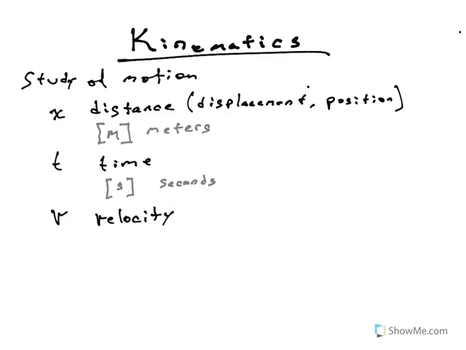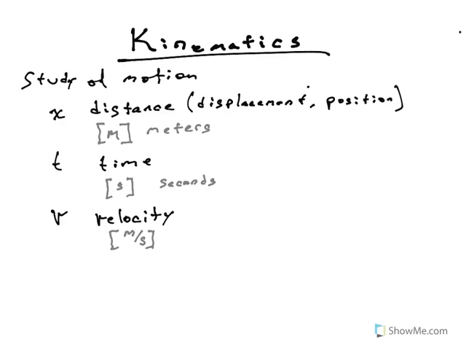And the velocity is a measure of how far you went and how long did it take to go that far. And so the unit is meters per second. So of course we're used to in our everyday life things like miles per hour, how fast we're driving in our car and such. But in physics we're going to use meters per second.